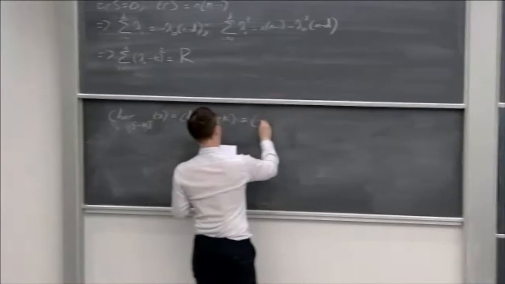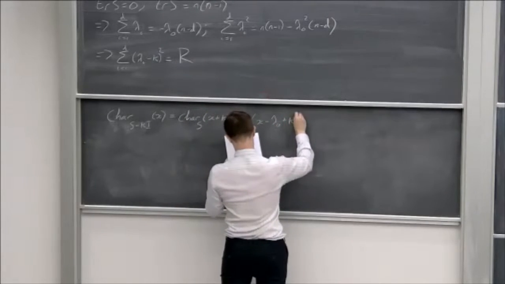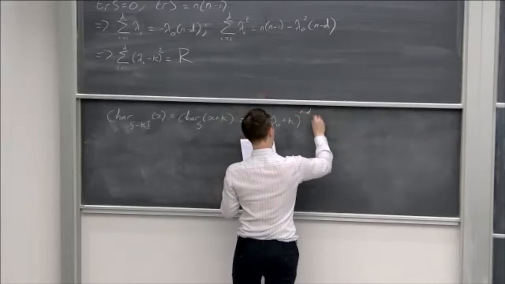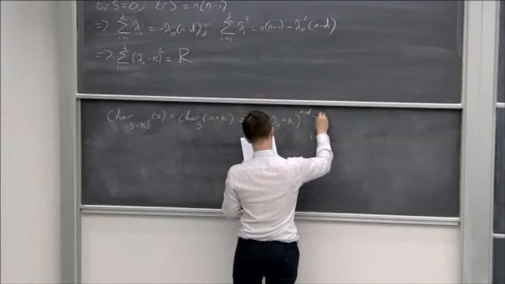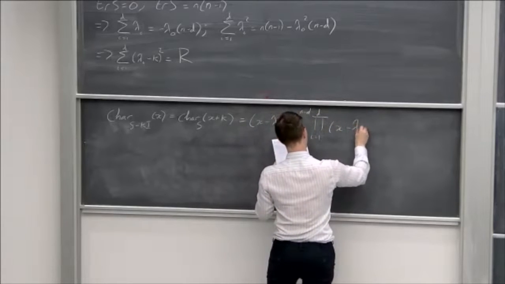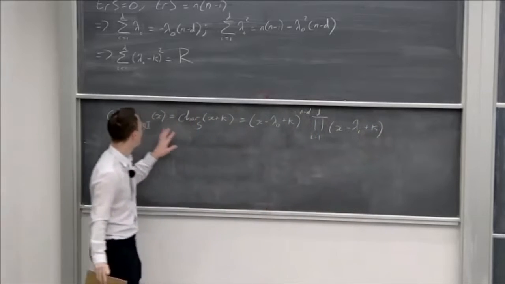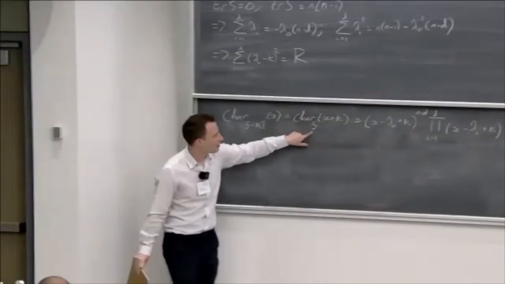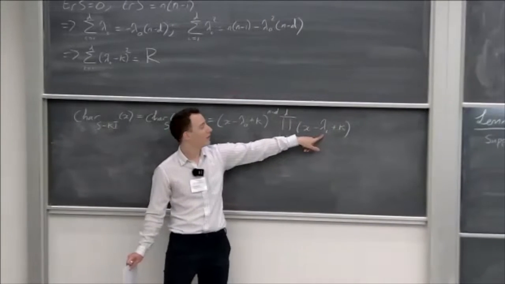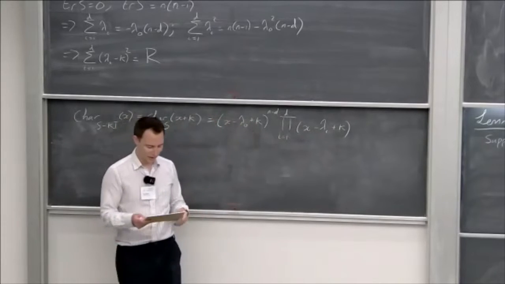Here we get (x − λ0 + k) to the n − d, multiplied by the product from i equals 1 to d of (x − λi + k). This is just the characteristic polynomial of S, which has eigenvalues λ0 and λ1 up to λd, and we're just adding k to everything. Nothing surprising here.